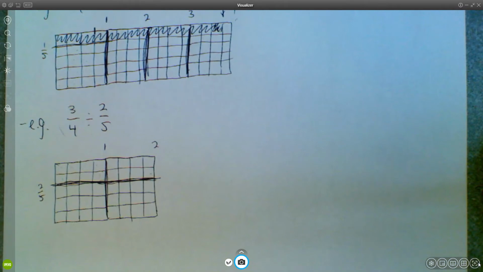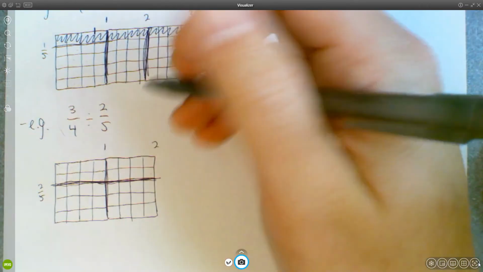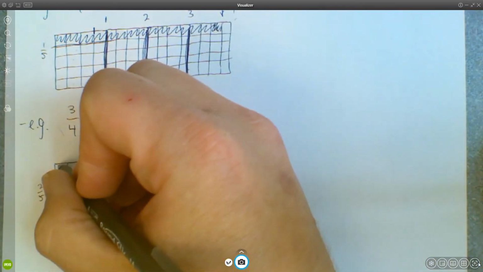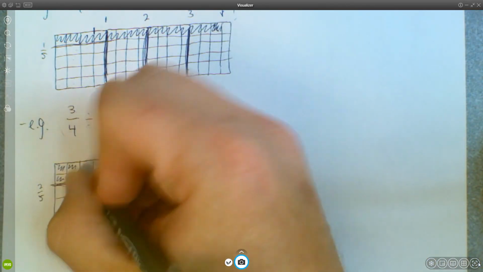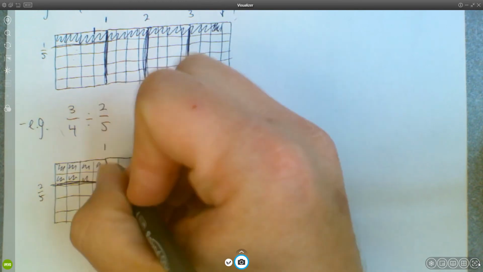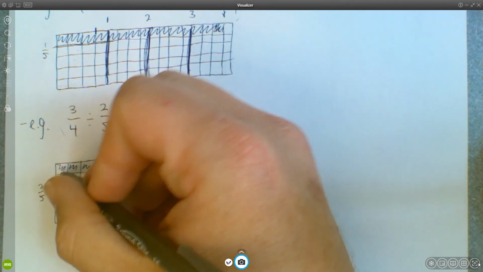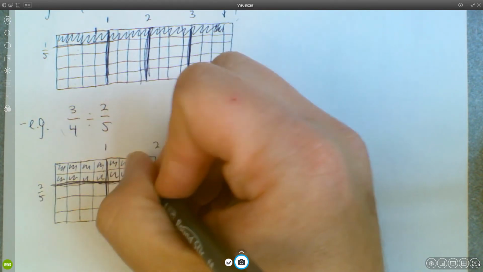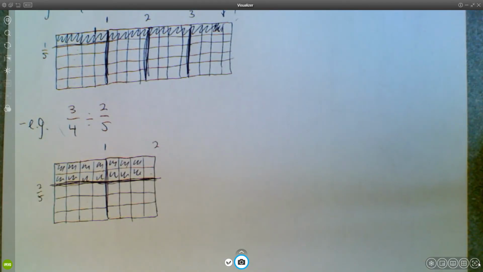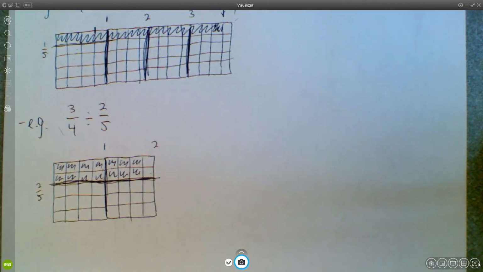But I don't want 16 20ths. I only want 15 20ths. So what does that tell me? Well, I can shade in all of these for sure, so 8, 9, 10, 11, 12, 13, 14. But I need one more 20th.